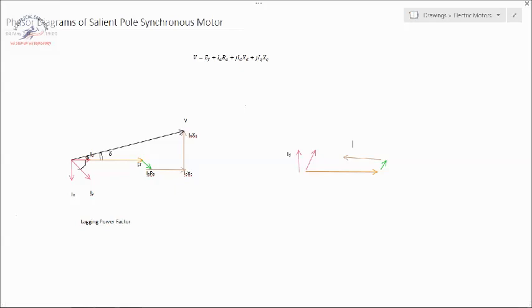So vector I, what we have initially drawn, is a leading vector V now, and V is lagging E. So this will be the phasor diagram for leading power factor.